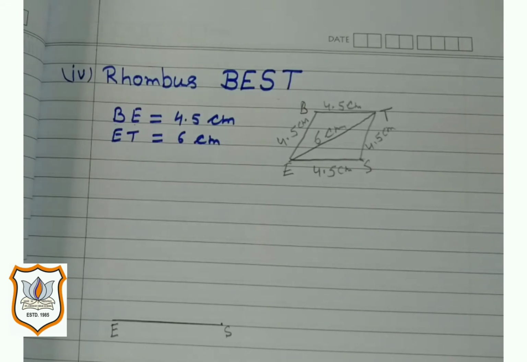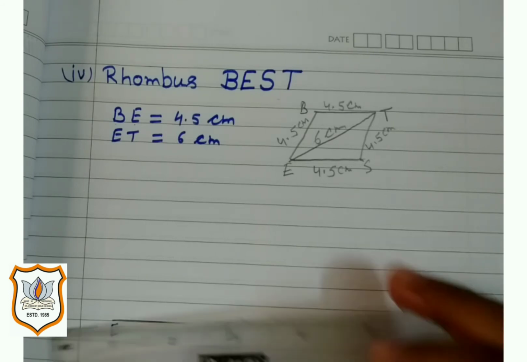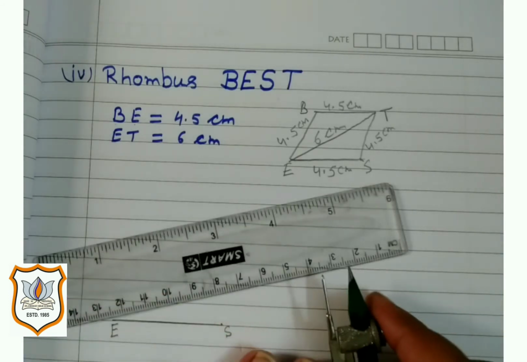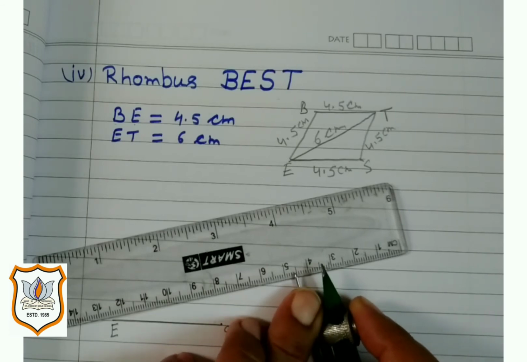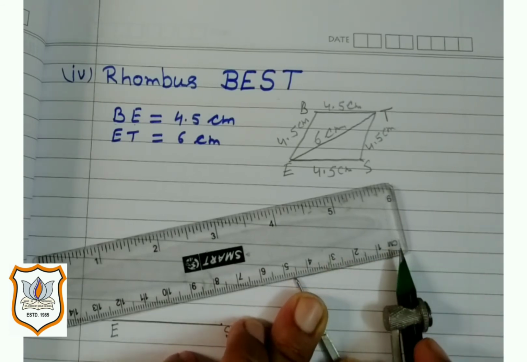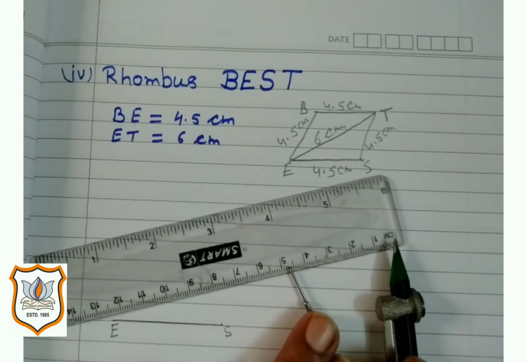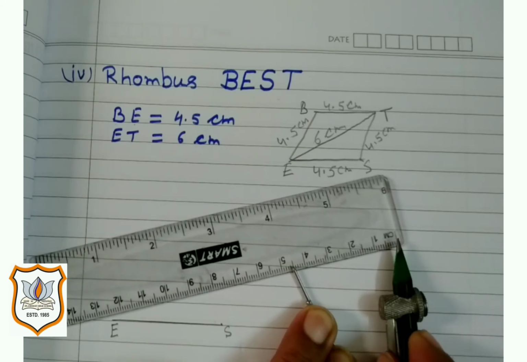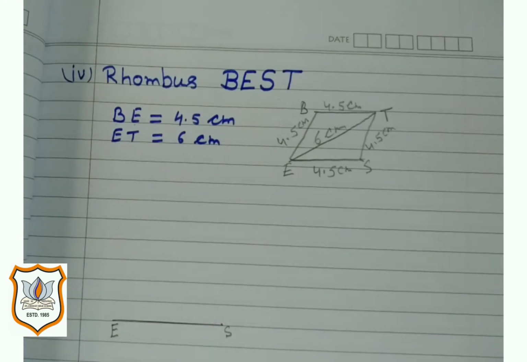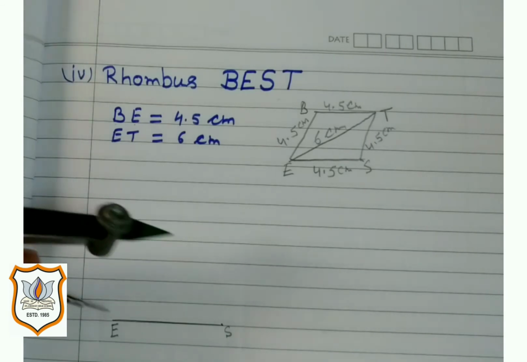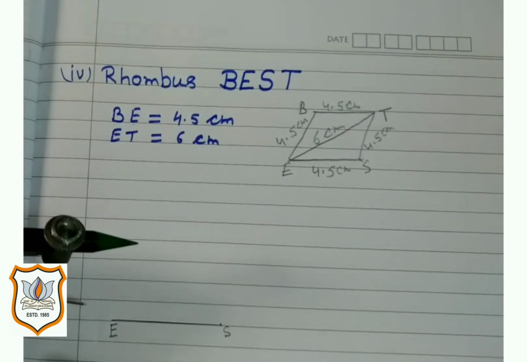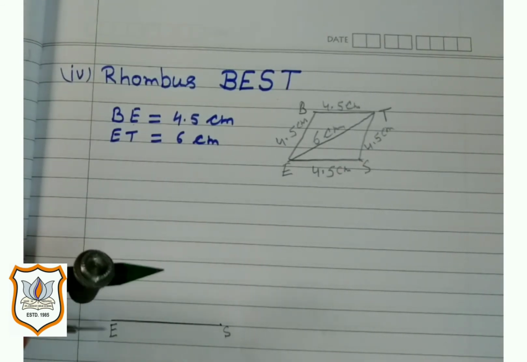Now we will draw BE. BE is 4.5 centimeter. So we will take 4.5 centimeter in the compass. You can see here, this is 4.5 centimeter. Now we will draw an arc with E as a center.